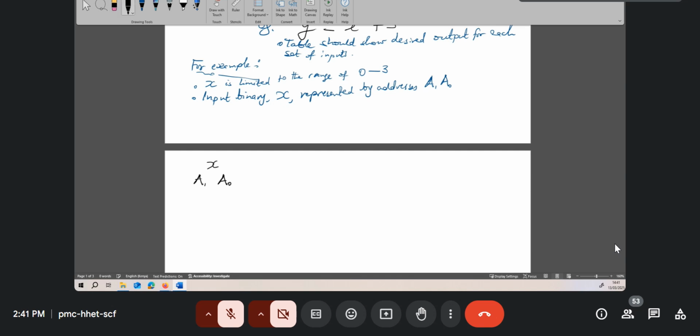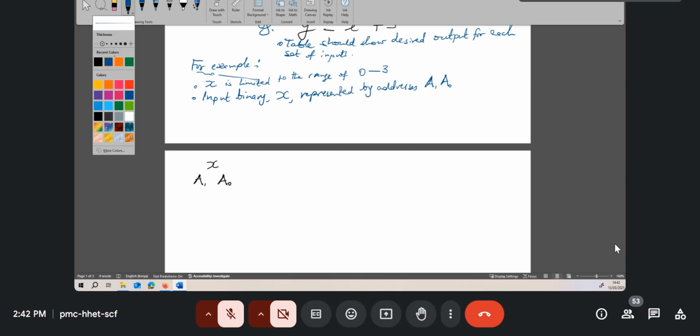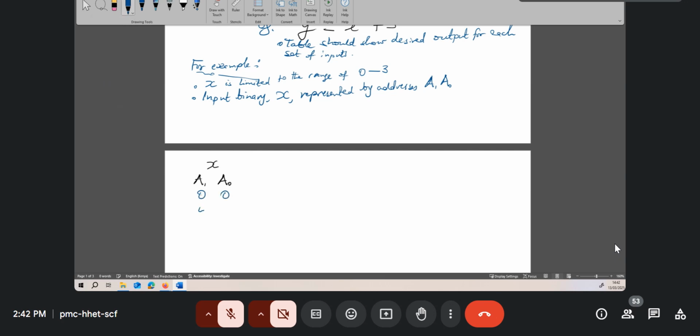So it's a 2-bit number, A1, A0. This number can be 0, 0, can be 0, 1, can be 1, 0, can be 1, 1.